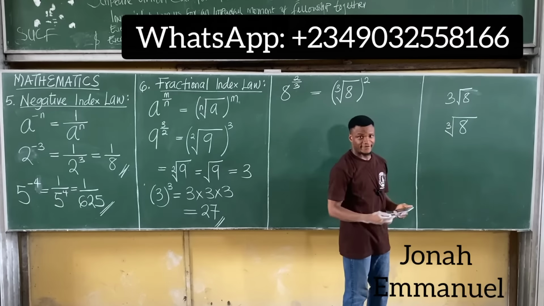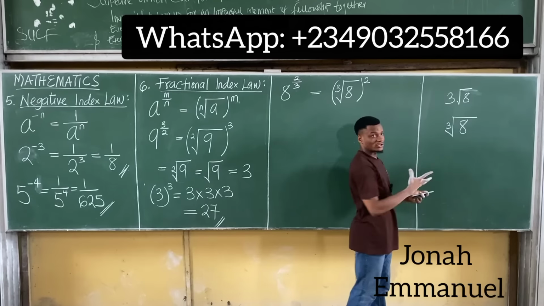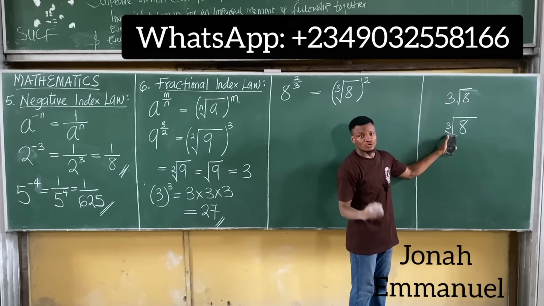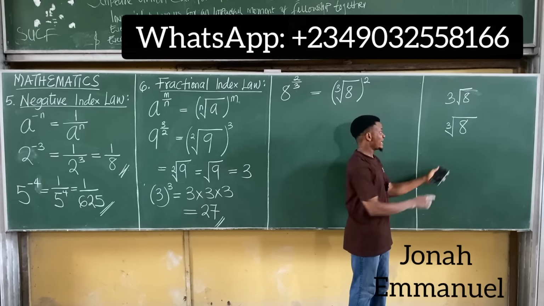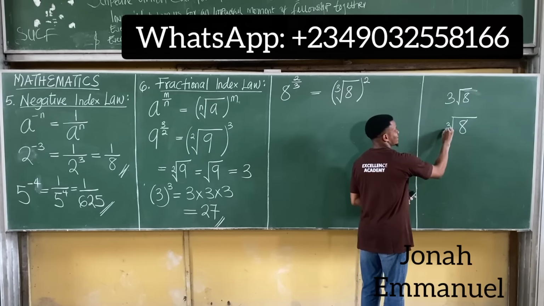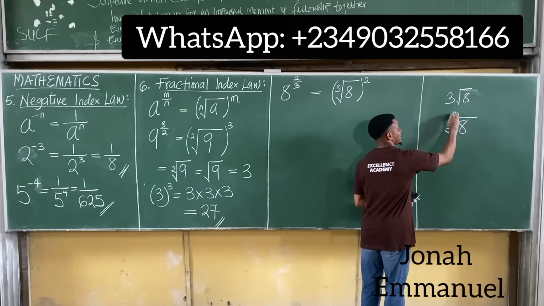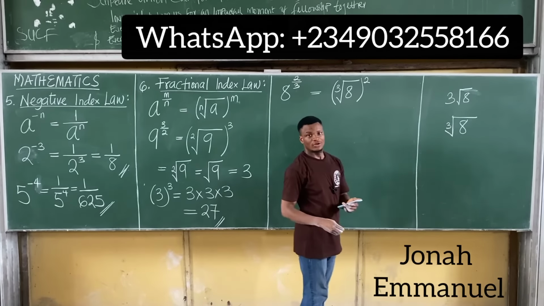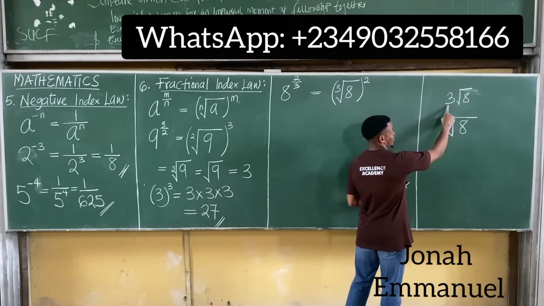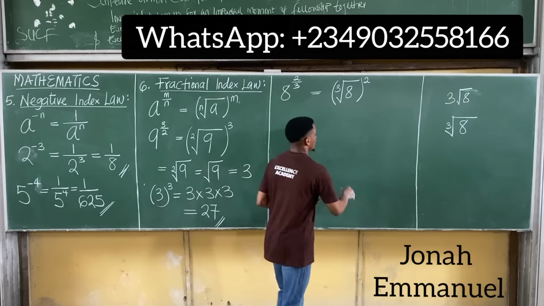These two are different. This one is pronounced 3 root 8. This one shows the third root of 8. So it has to be a small 3 within this space. So it's called the third root of 8. Don't confuse the third root of 8 and 3 root 8. They are different things. Right, back to this.